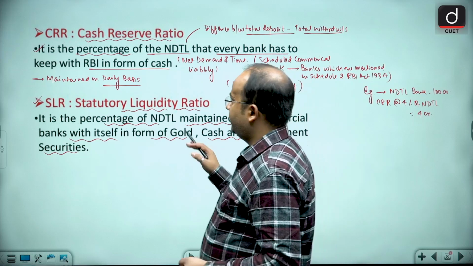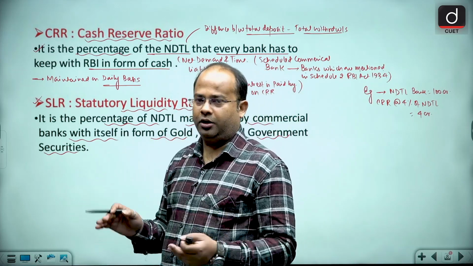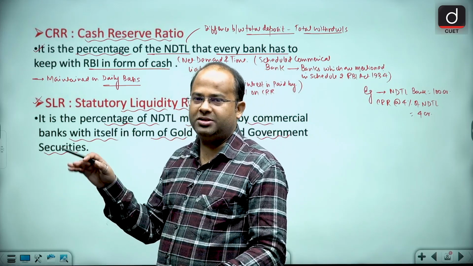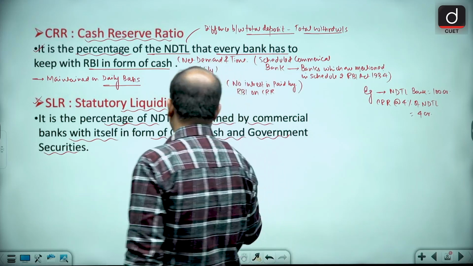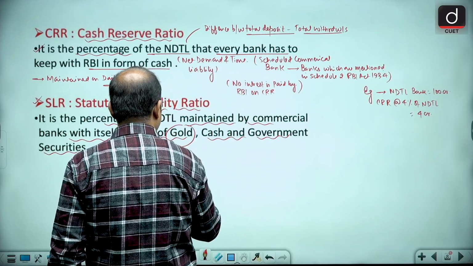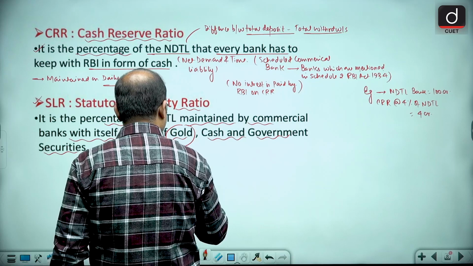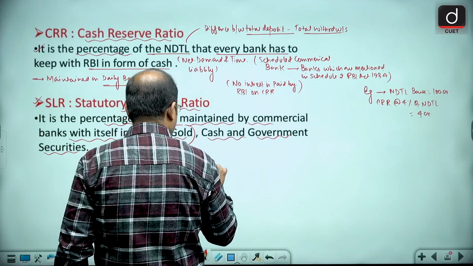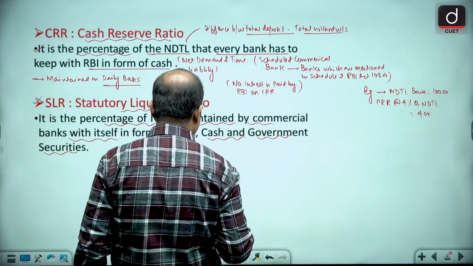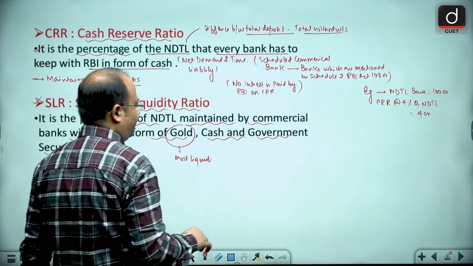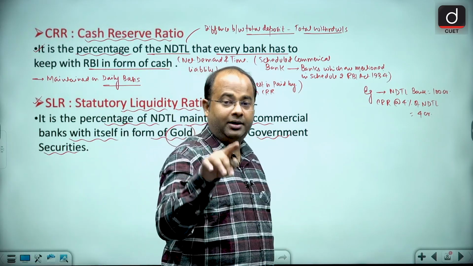So for example guys, overall, why is it maintained in gold? Gold, because it is a most liquid asset. Although cash is the most liquid asset, out of gold, cash and government security, why is it maintained in government security?